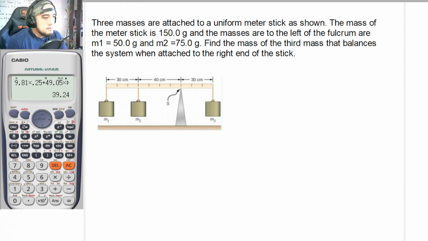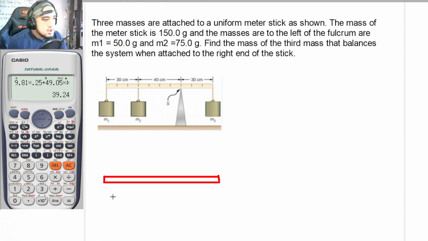Okay, so the first thing that I will be doing here is drawing the free body diagram. When I draw the free body diagram, we will be converting all of them into forces. So if this is now to be the meter stick, mass 1 is attached at the left end.